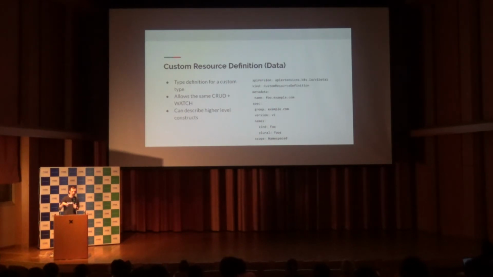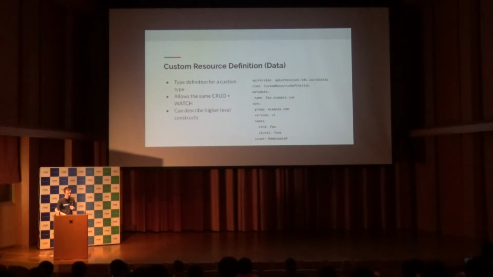The API server then produces a new URL when you connect to it. And then you can use all the same CRUD operations, so create, read, update, and delete, as well as watching for changes. So you get all of the same functionality that you do from built-in objects with a custom resource.